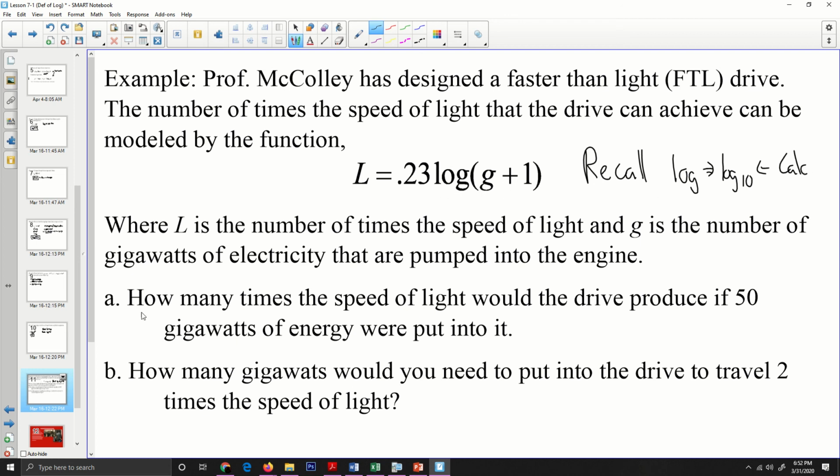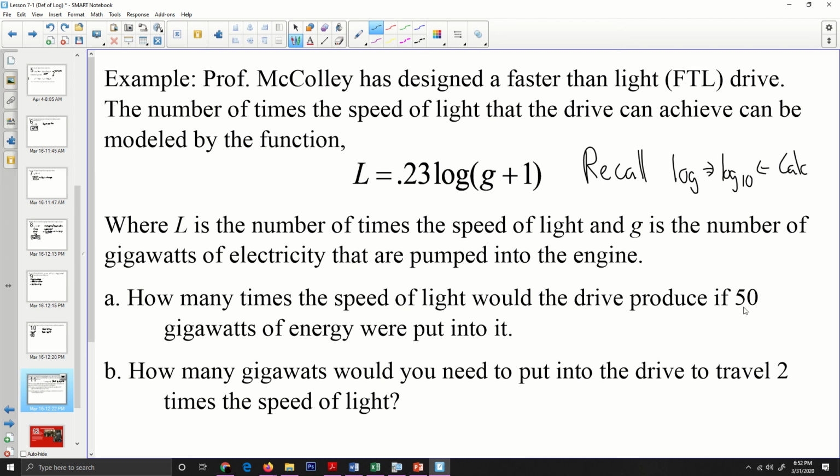So the first question here says, how many times the speed of light would the drive produce if 50 gigawatts of energy was put into it? So if I go through this, L is the number of times the speed of light, and G is the number of gigawatts of electricity.